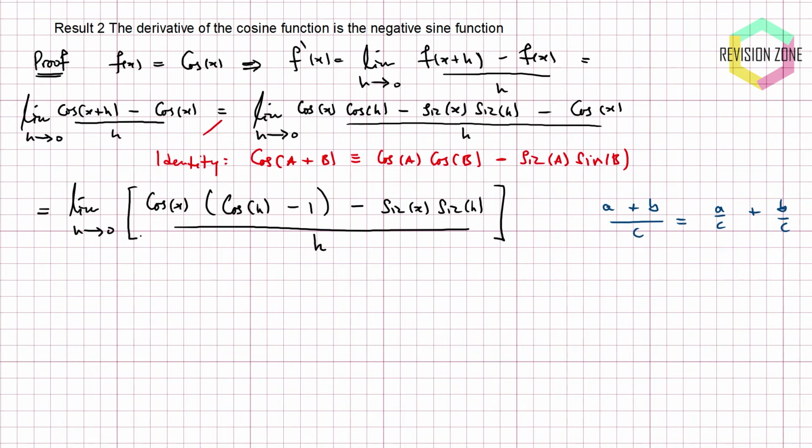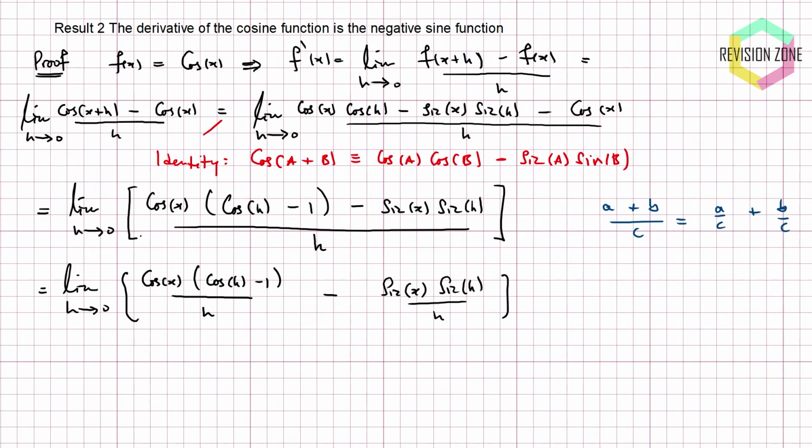So doing that in this case will give me the limit as h tends to 0 of cos x times cos h minus 1 over h, and minus sine x sine h over h. So perhaps to be a bit more accurate, what I should have said is not plus in this case, we actually have a minus, right? So the numerator had a minus b, and we can split that up into the sort of thing we've got on the right. So perhaps I'll just draw something here to say an aside.